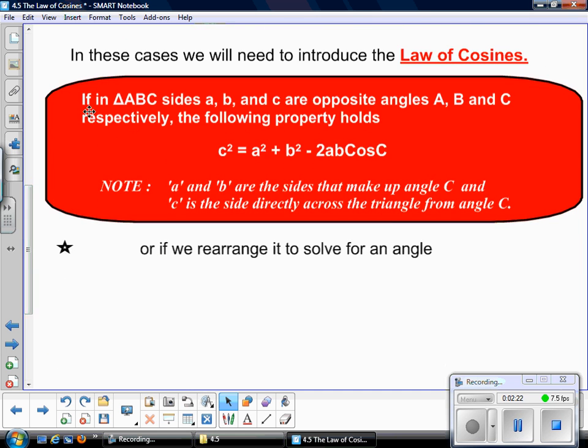So in red it says, if in triangle ABC, sides a, b, and c are opposite angles A, B, and C, and that's the same way that it was when we did the sine law, the following property holds: c squared equals a squared plus b squared minus 2 times a times b times the cos of C. It's really important to note that a and b are the sides that make up the angle, and obviously you can't see that because I've done it in red.